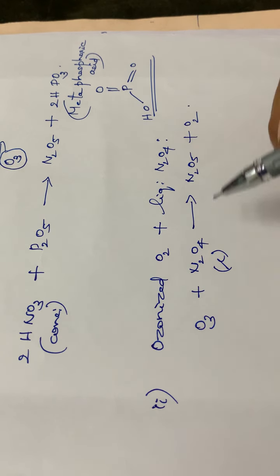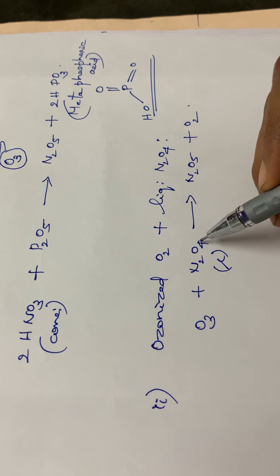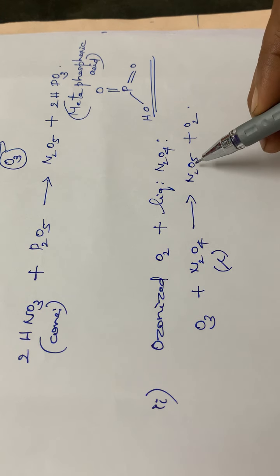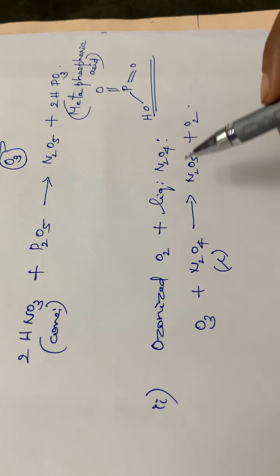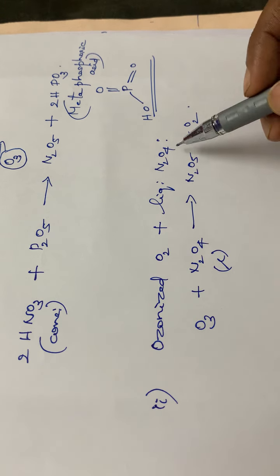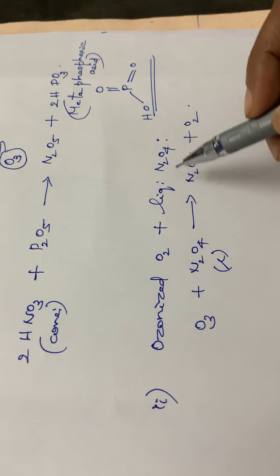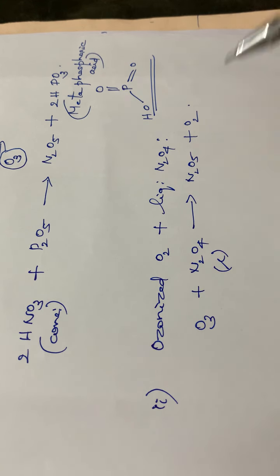The equation is balanced, right? One of the oxygens will be combining with N2O4, giving N2O5 plus oxygen. So this is the next method of preparation, a simple reaction: ozonized oxygen plus liquid N2O4 giving dinitrogen pentoxide.